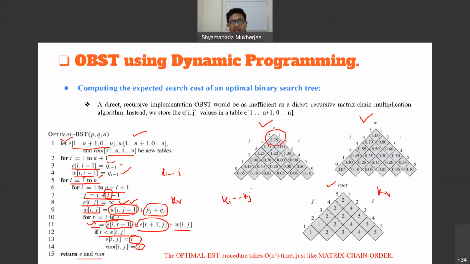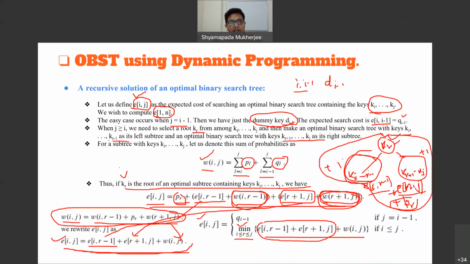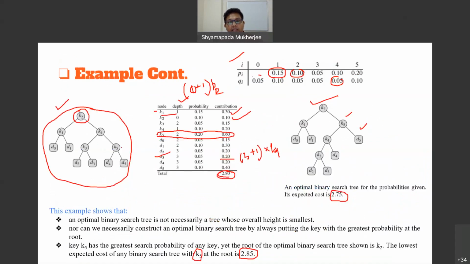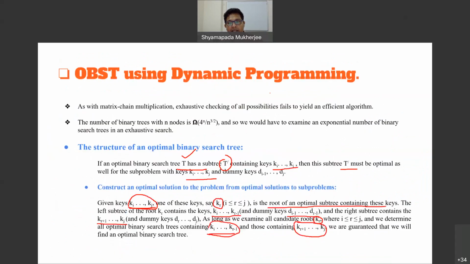If you see that initially for E1, i equals 1 to 0, so 1 to 0, it will give you the probability of the dummy key. So what is the probability of this? If you have the table, we don't have the table here, but still you calculate, this is Q0, the probability of Q0, 0.05, and you can see together.